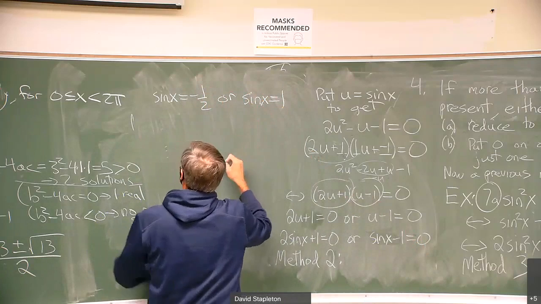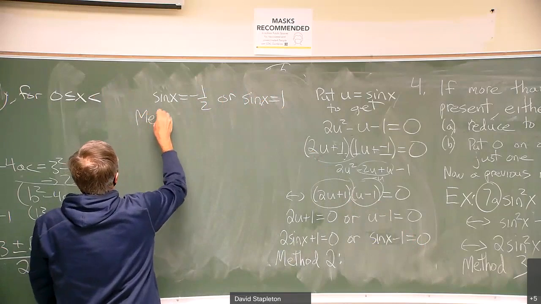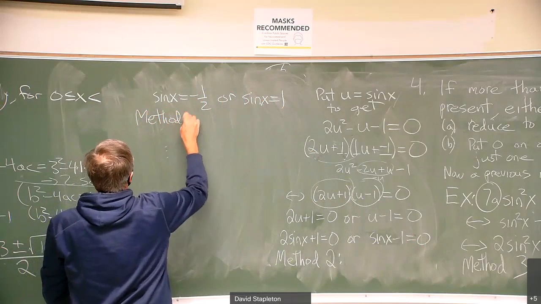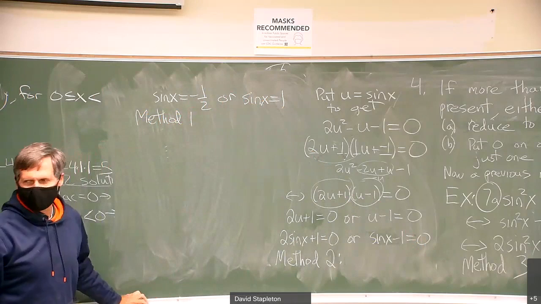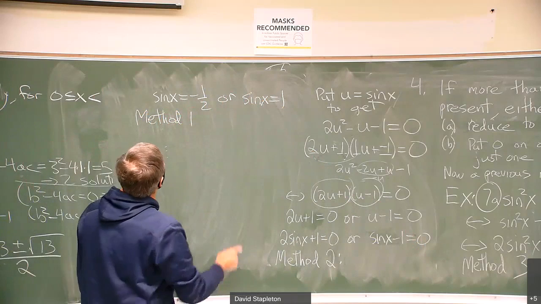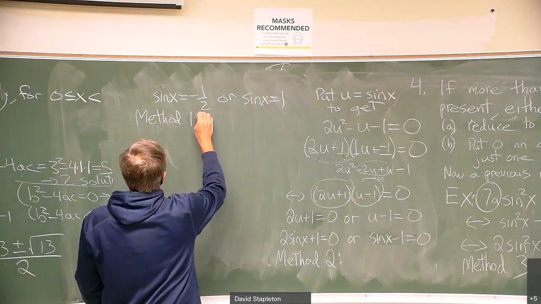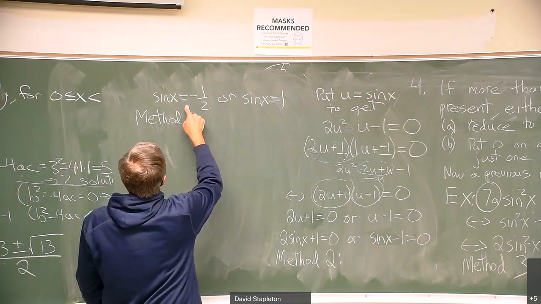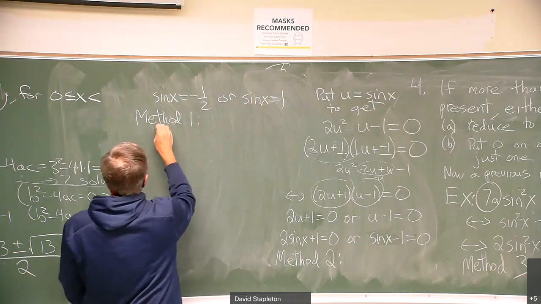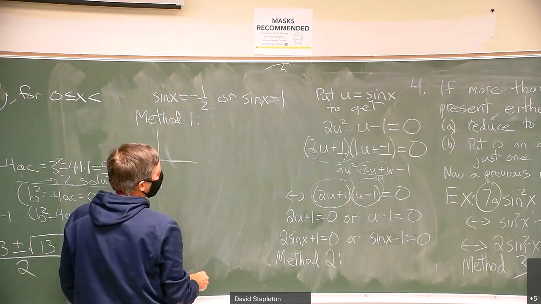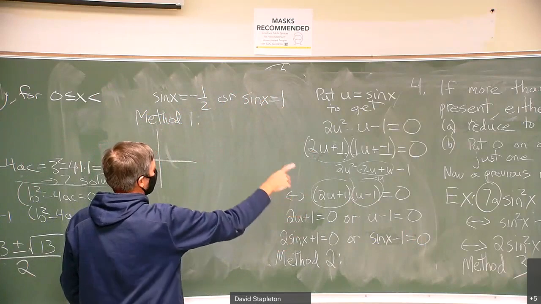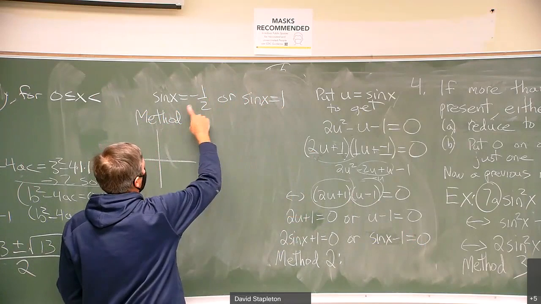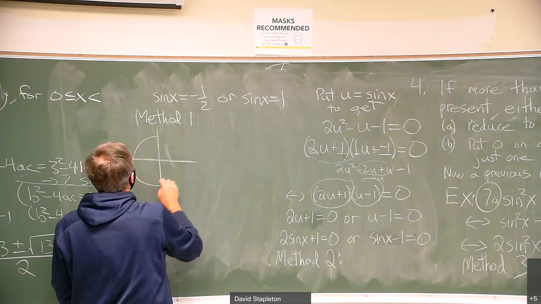Trig function equal a number, go back to method 1. It's like the house that Jack built, step by step, it gets there. Now you solve each of these on the unit circle. That was method 1. Reduce it to a quadratic equation, reduce it to a linear equation, reduce it to trig function equal number, solve on the unit circle. 4 steps on this one.